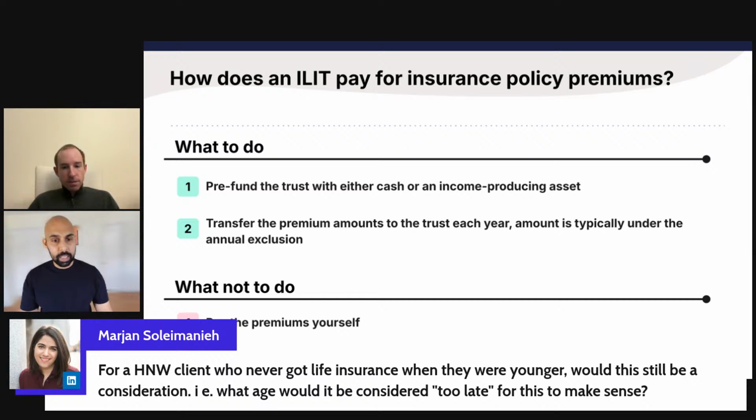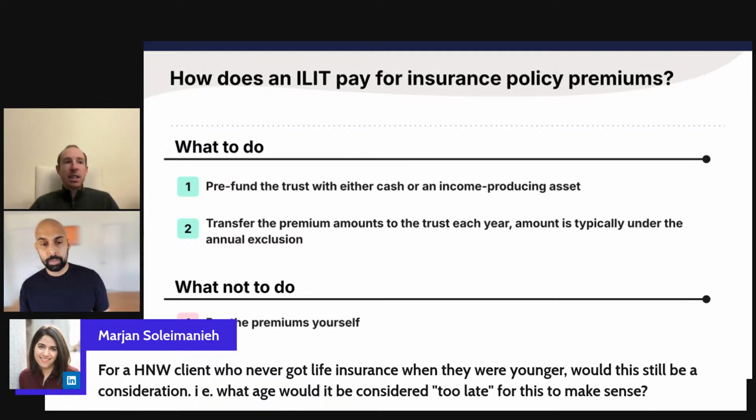Is there a typical age, Peter, when it's too late? You may not have the answer. It depends on the policy. I would say usually if people are under 60 and they're worried about estate tax, they can find a decent policy. A 60-year-old usually wouldn't be getting a term policy.